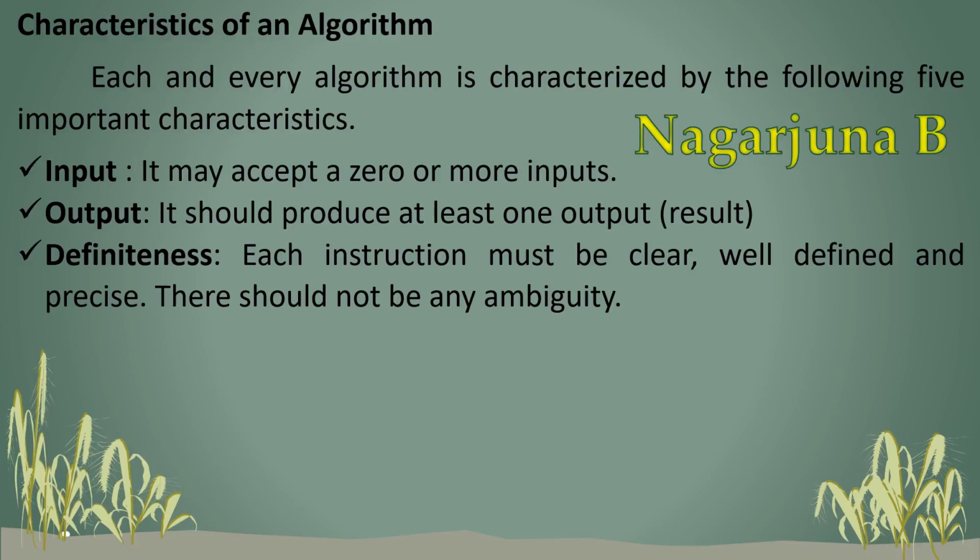That means the instruction you write should be correct, well defined, accurate and exact, and there should not be any confusion among the users who are going to follow that particular algorithm. It should be correct, exact and well defined.